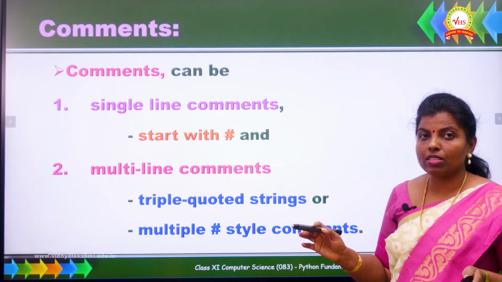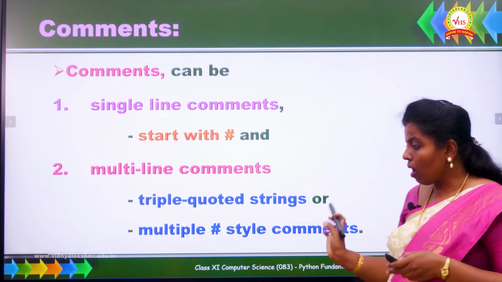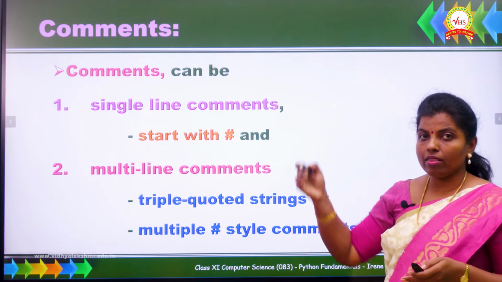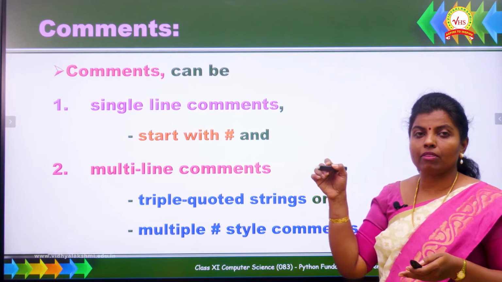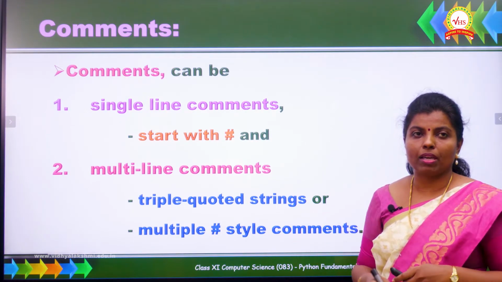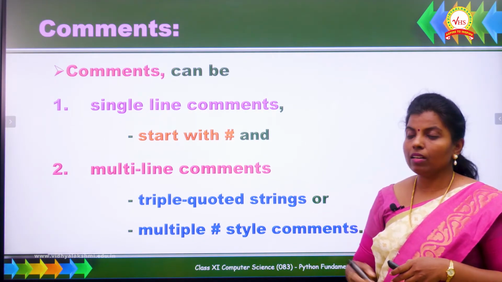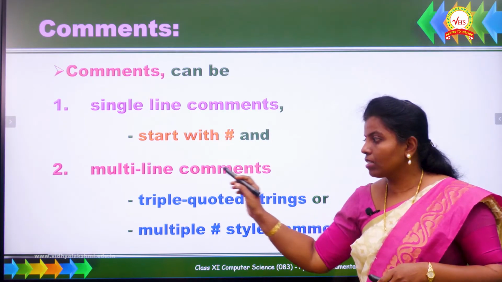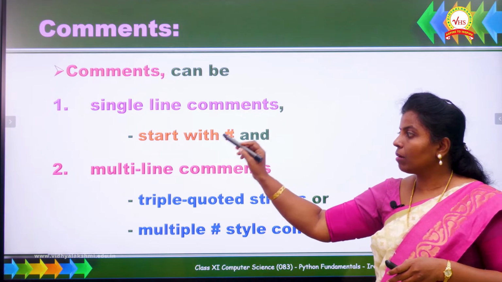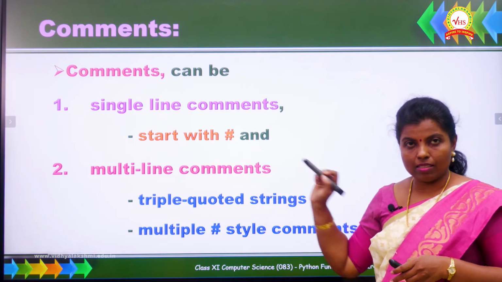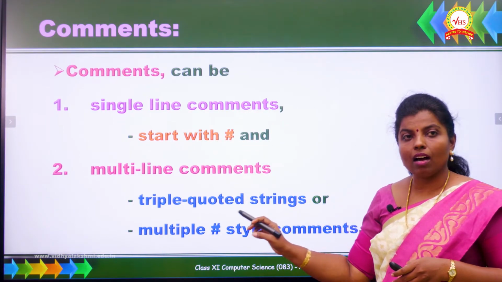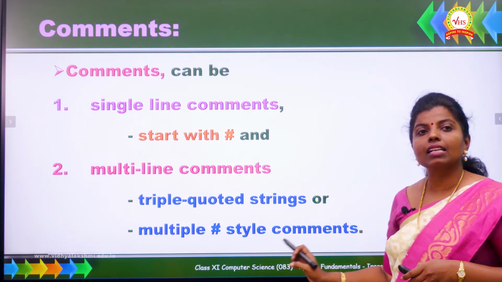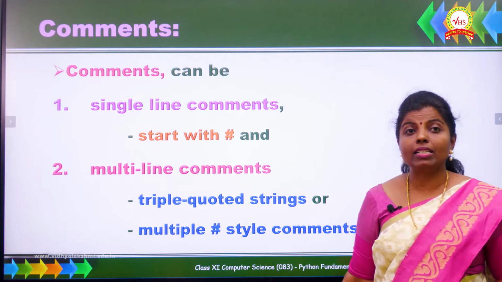So the triple quoted strings are referred to as multi-line comments or multiple hash style comments. So if all the statements begin with the hash symbol, then that also becomes multi-line comments, right? So we have two types of comments. One is single line comments and another one is multi-line comments. Single line comments begin with the hash symbol, and multi-line comments are triple quoted strings. Also, the multiple hash style comments are also referred to as multi-line comments.